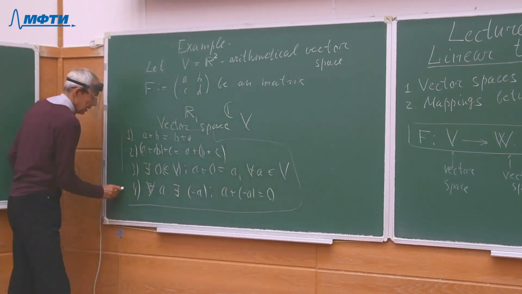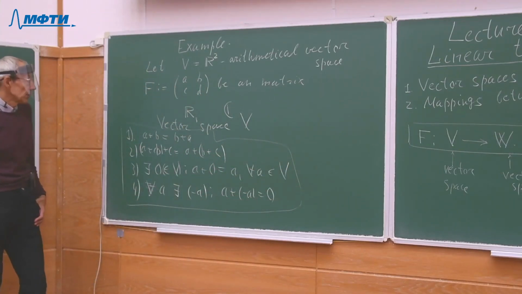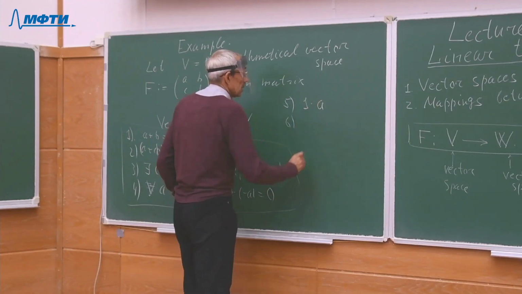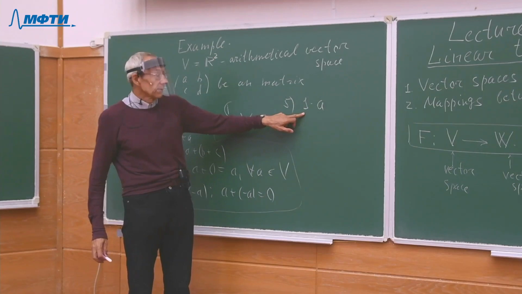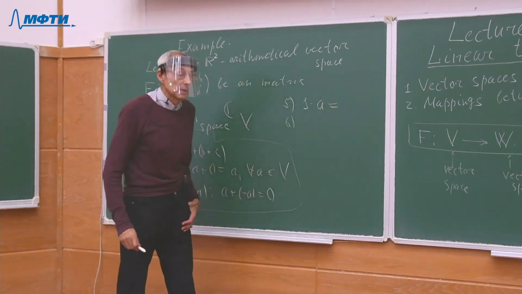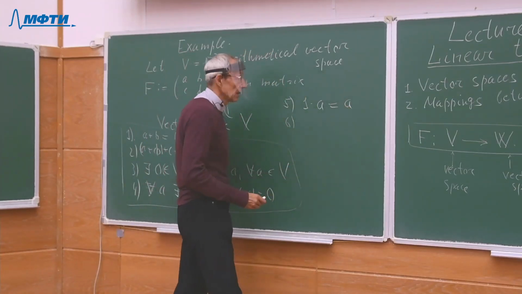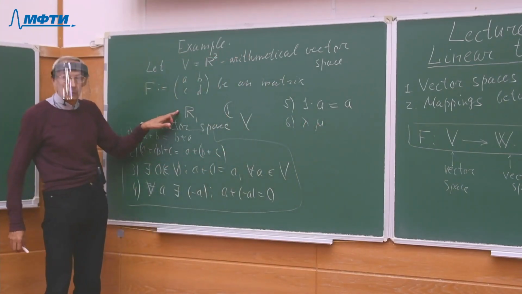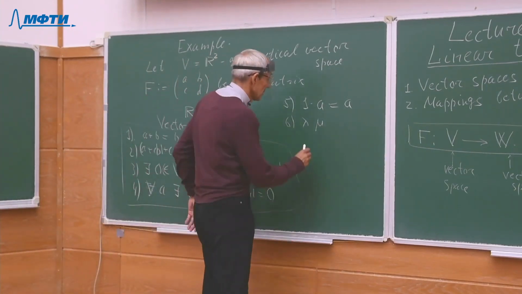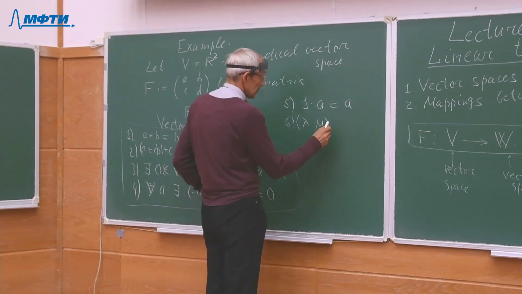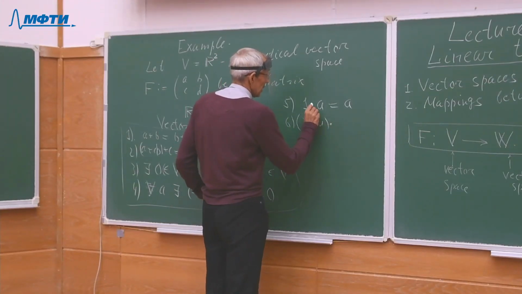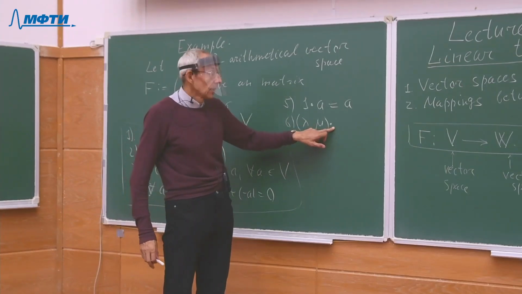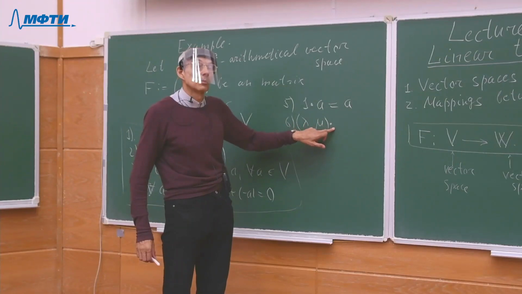That is four axioms for addition. Now the axioms for scalar multiplication. If I multiply the unit of the field by an arbitrary element A of the vector space, we obtain this element A. If we have two scalars, elements of the basic field, and multiply them, this point means multiplication of scalars, and this point means scalar multiplication on the vector.